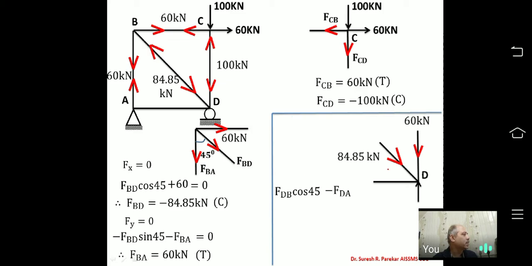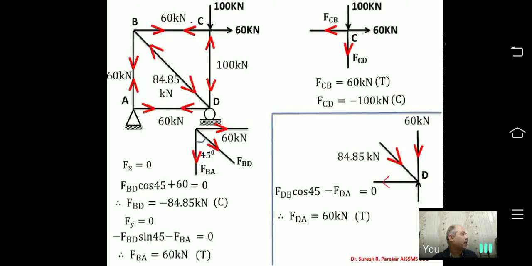So we have this force in the member as tensile, and knowing this member force, considering this tensile, we are going to write down this equation, and that will give us force in the member as 60 kilonewton tensile. And here this is important, I have shown arrow 84.85 kilonewton, but here I am not going to mark FDB or FDC, we are going to mark as it is.